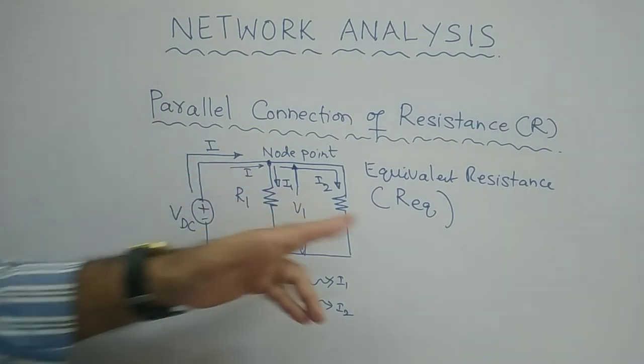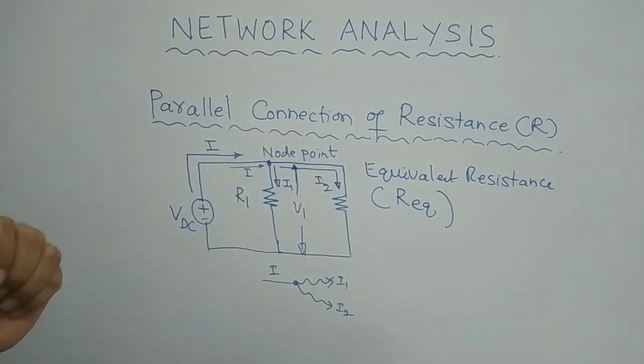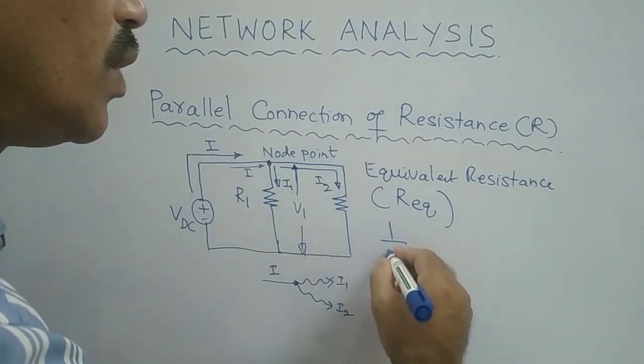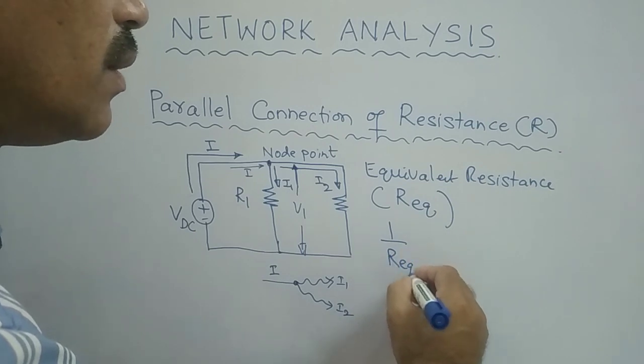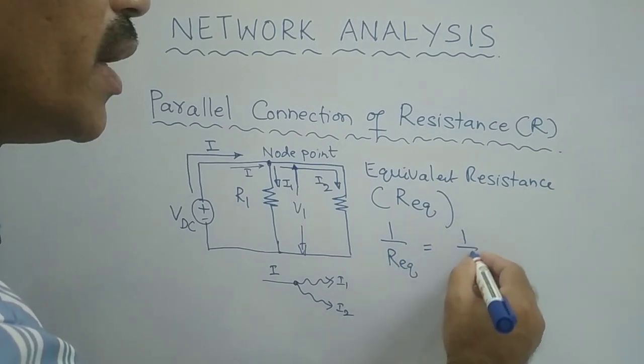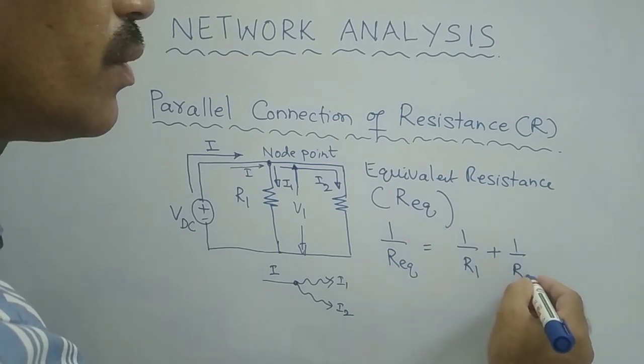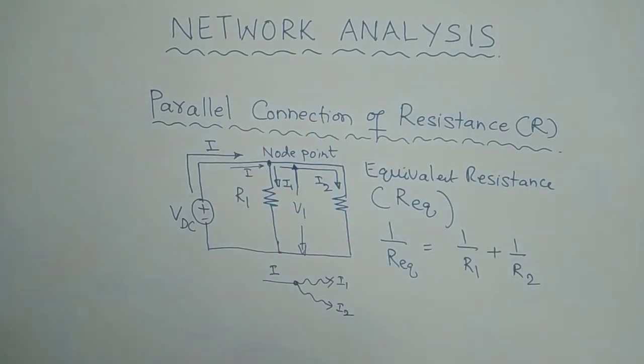To determine the R equivalent for this parallel combination, 1 by R equivalent is equal to 1 by R1 plus 1 by R2. That is the expression we have to consider.